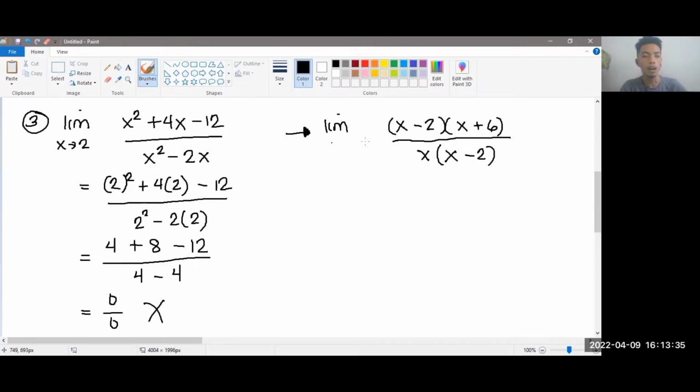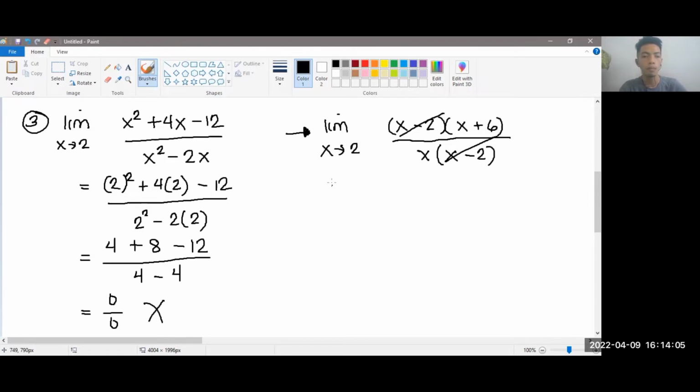The limit of x minus 2 times x plus 6 over x times x minus 2 as x approaches 2. Ngayon, magka-cancel tayo ng mga common factor. Pwede natin i-cancel yung x minus 2 kasi they are common factor. So yung natira, yung x plus 6 over x, it cannot be cancelled kasi wala naman silang common factor.